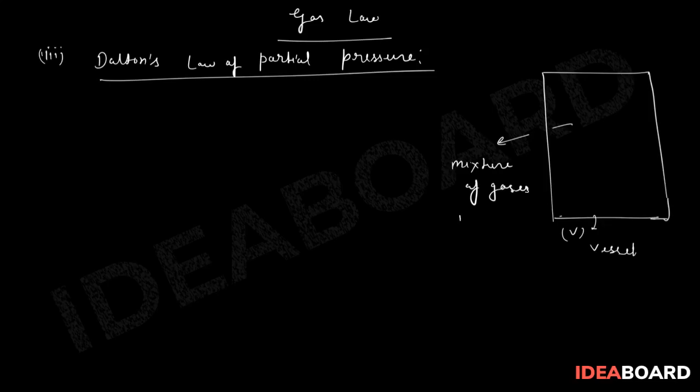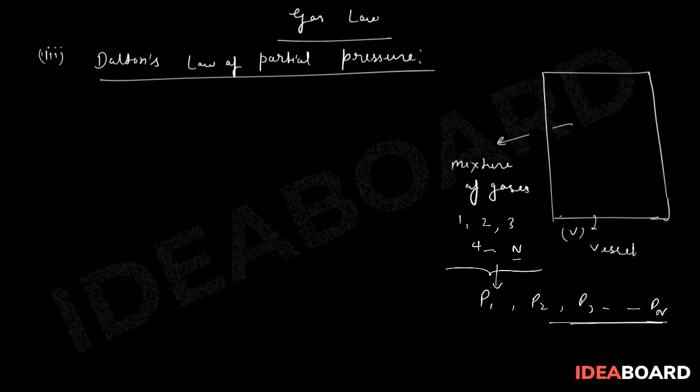Okay, number of gases are there, like 1, 2, 3 and 4 up to n gases are there which are mixed. And the important point is that these gases are not miscible. Okay, so individual gas will have the different pressures like P1, P2, P3 and so on, Pn.